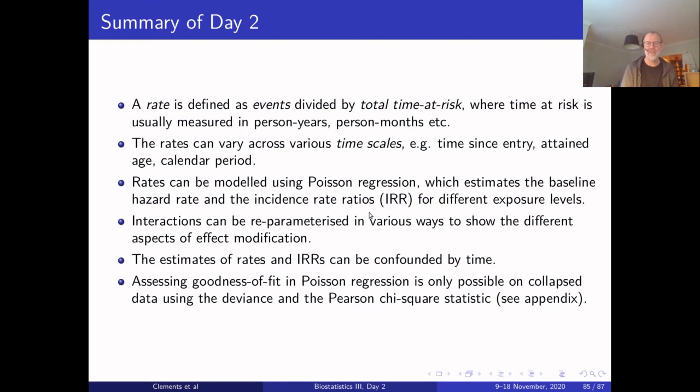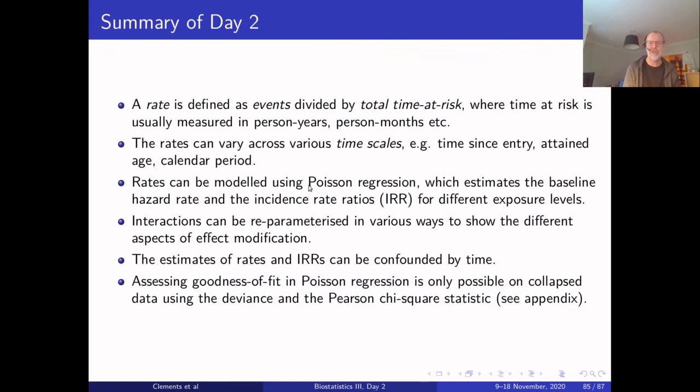Okay, to summarize, a rate can be calculated from the events divided by the total time at risk, where time at risk is usually measured in person years or person months. Rates can vary across various timescales, such as time since entry, attained age, and calendar period.